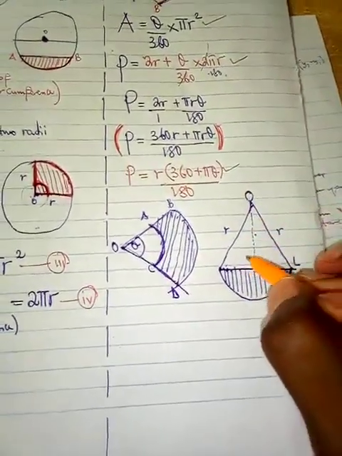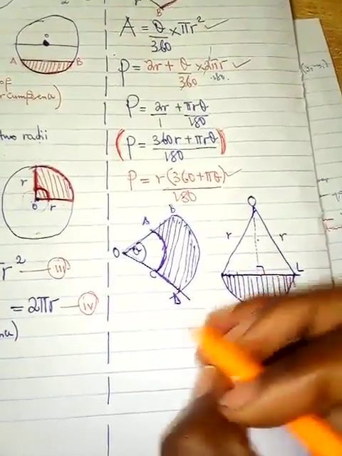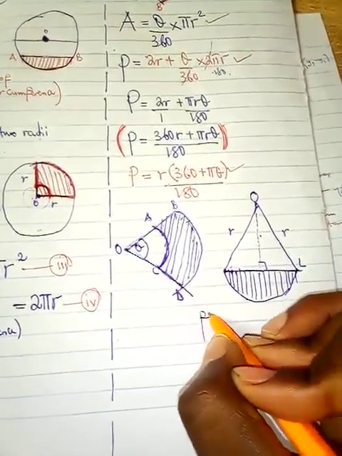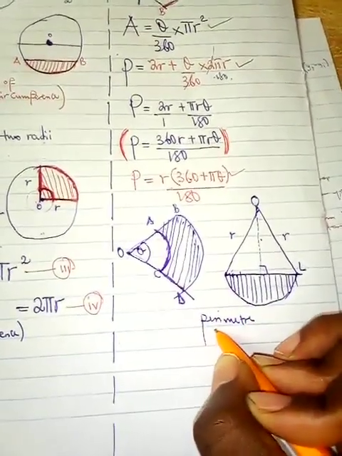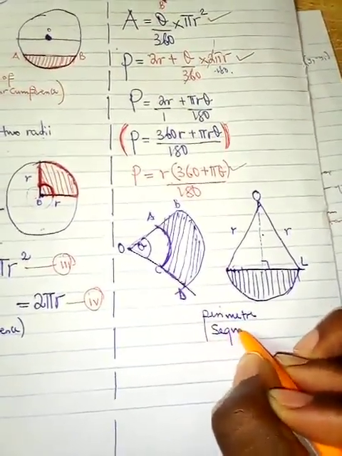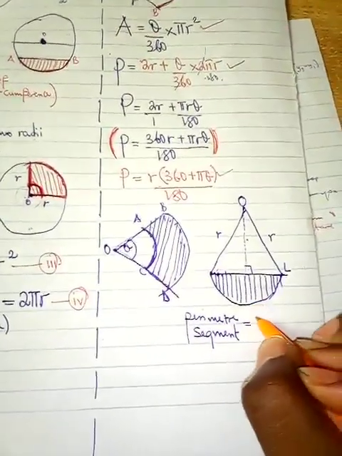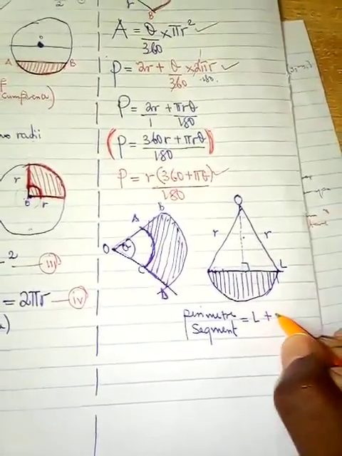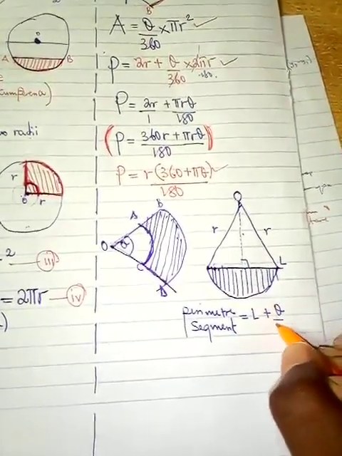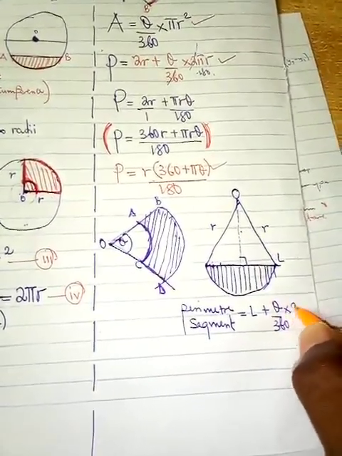If you're trying to determine the perimeter of this segment, the perimeter of this segment will just be L plus theta over 360 times 2 pi r.